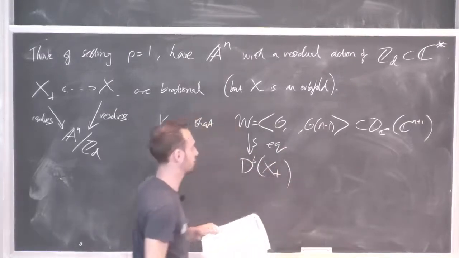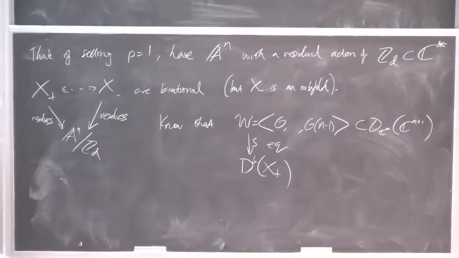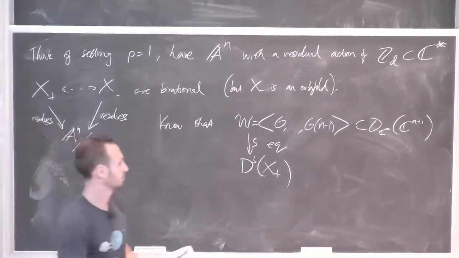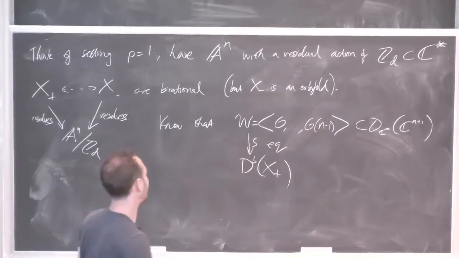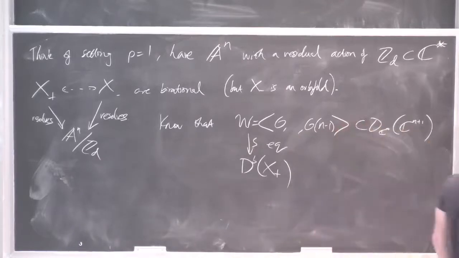Okay, that was what we did on Tuesday. What about on the orbifold side? What's the window for the orbifold side? And you can probably guess, just looking at the numbers, you should take the line bundles O up to O(d minus 1).